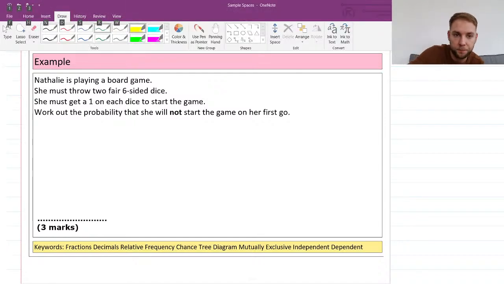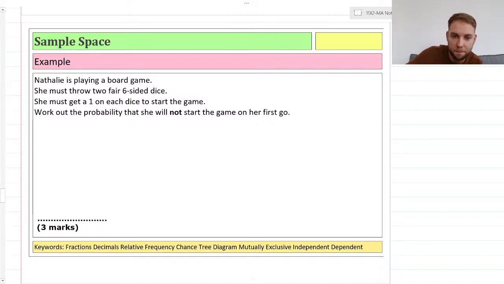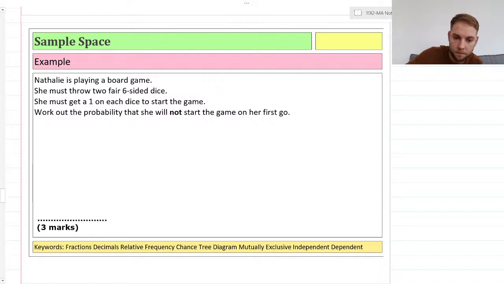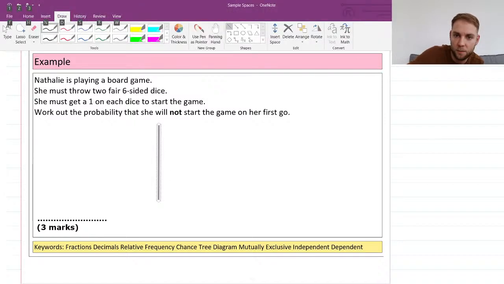So we need our sample space here. Which is like so.